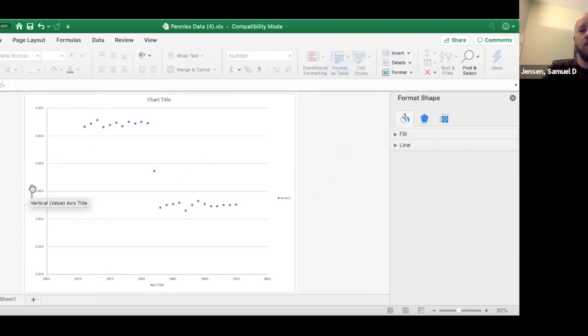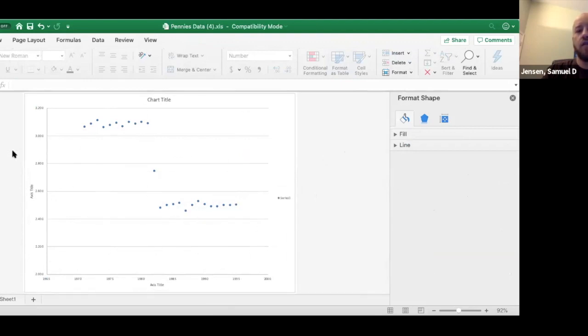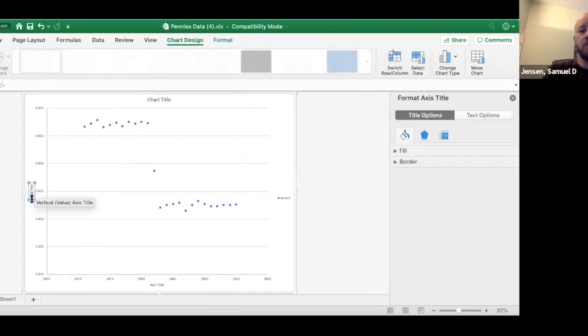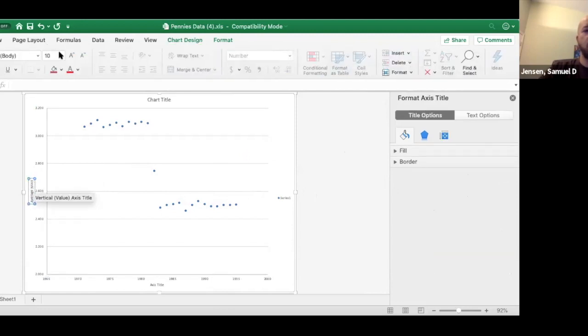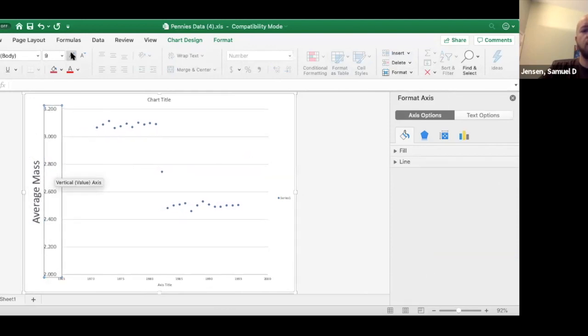And so your graph should be all labeled. There should be labeled axes. So if this is my average mass, you can change everything here so that everything is readable.